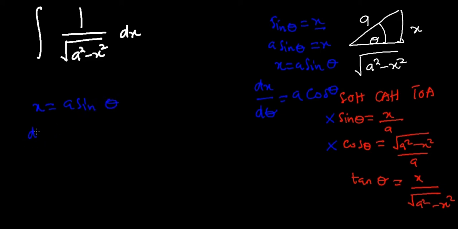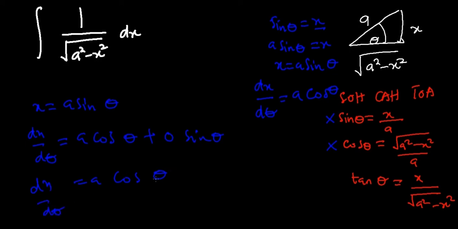For dx over d theta, first of all, you maintain a, then find the derivative of sine theta, so that a cosine theta. Then plus, you maintain sine theta, then you find the derivative of a, which is a constant, so 0 times sine theta, and this will still be 0. Then you have a times cosine theta. That's how I had dx over d theta equal to a cosine theta. So that was just by the way.